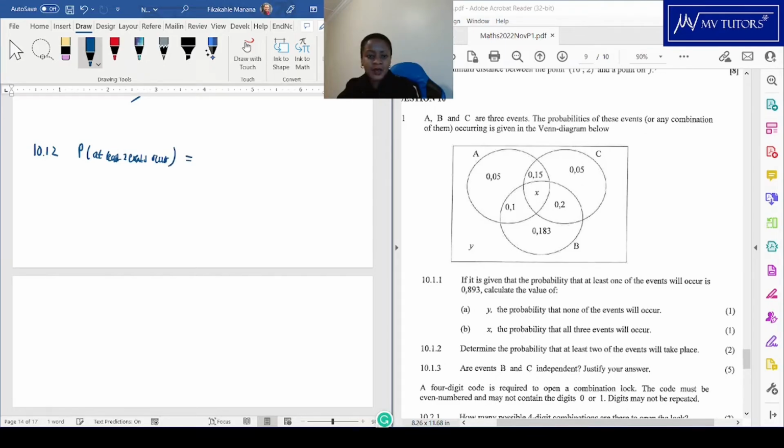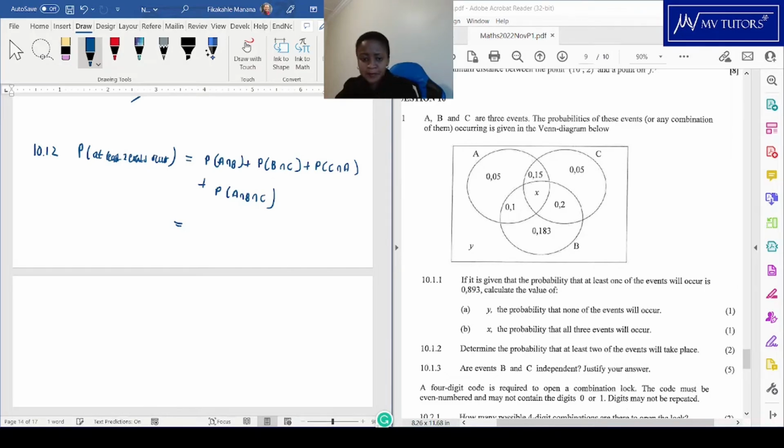So basically, I could have the probability of A and B plus the probability of B and C plus the probability of C and A plus the probability of A and B and C, because I mean they said at least two, right? So you can have three at most.